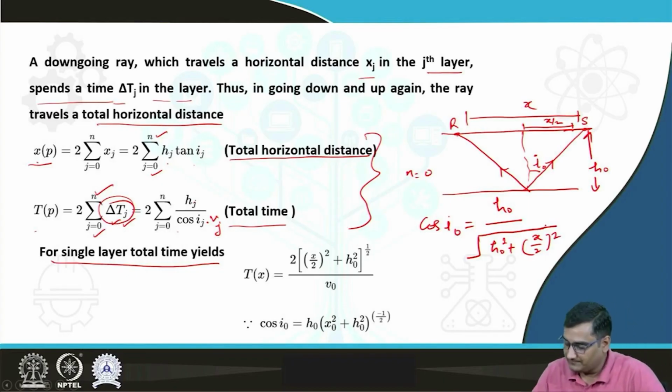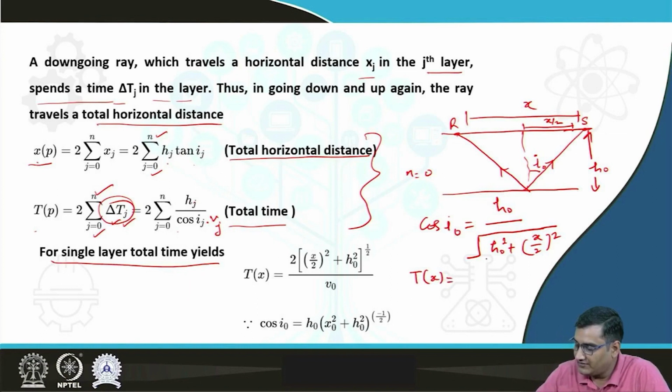Okay, so if you want to calculate Tx, it will be nothing but the total distance traveled, that means 2 times the square root of h naught square plus (x by 2) whole square, divided by the velocity, that is v naught. So this is what is written here, and cos I will be equal to this one.